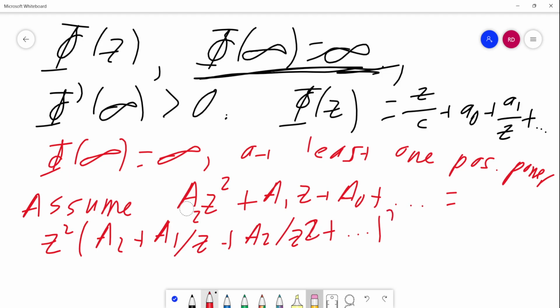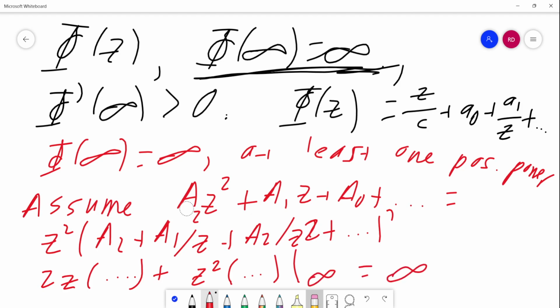And then if we took a derivative, we would get 2z times all this stuff plus z squared times all this stuff, which again, if we plug in infinity, would give us infinity.